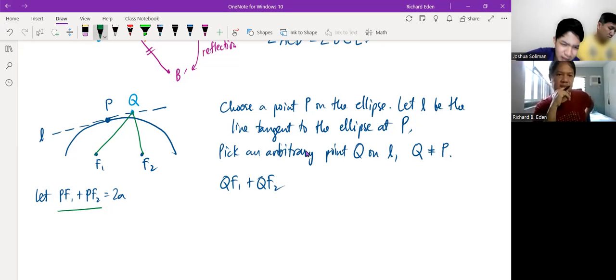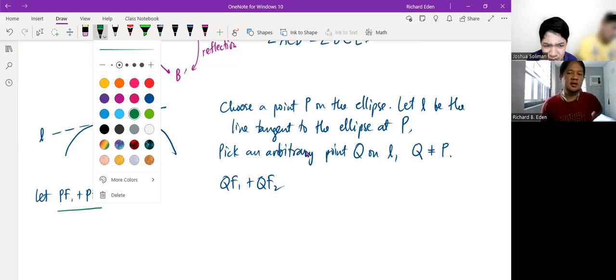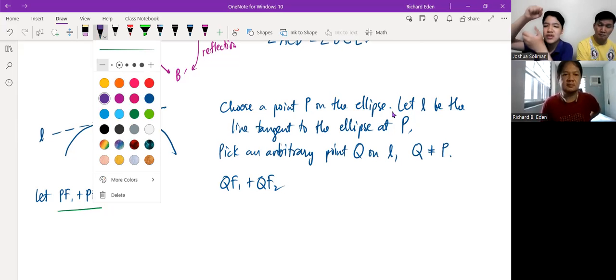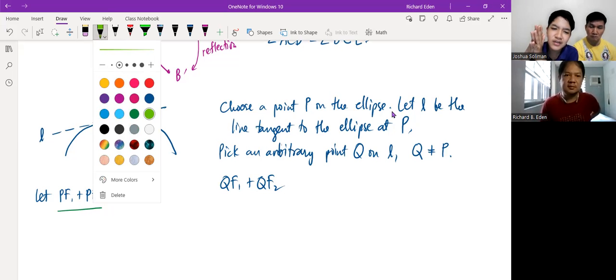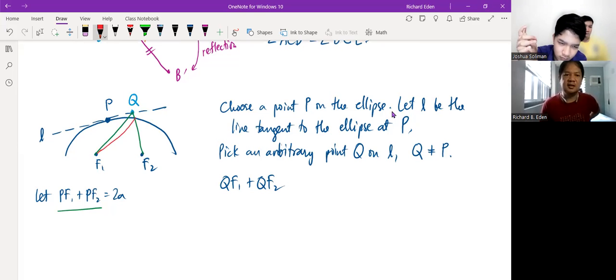The deviation from Q to the surface of the ellipse is positive, so it's enough to say that QF1 plus QF2 is greater. So basically, we go beyond.